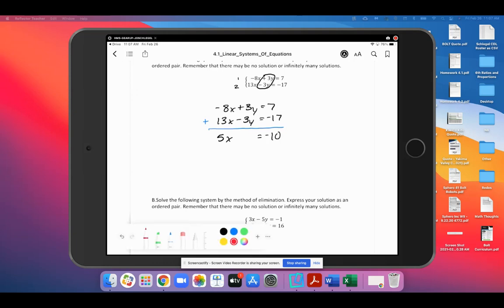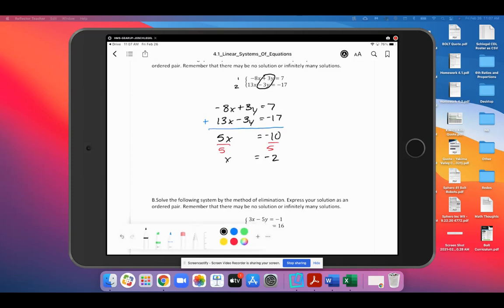From there, now I only have one variable, so I can divide by 5. And I get an x value of negative 2. It's a faster way to get an x value than using substitution. But again, it seems like a magic trick, and I prefer substitution.